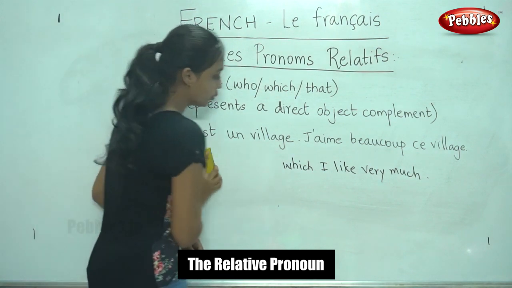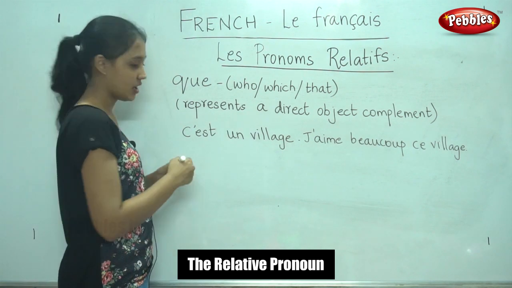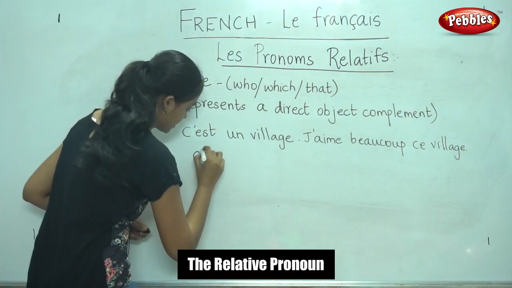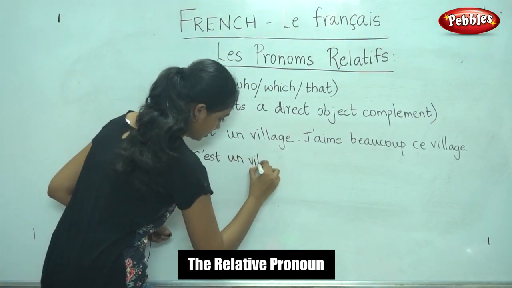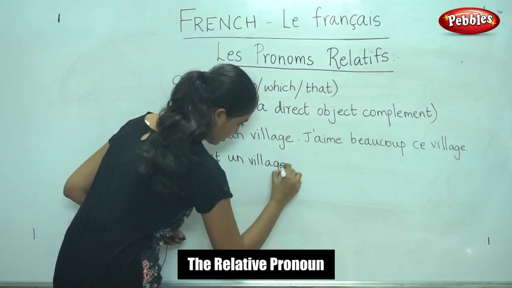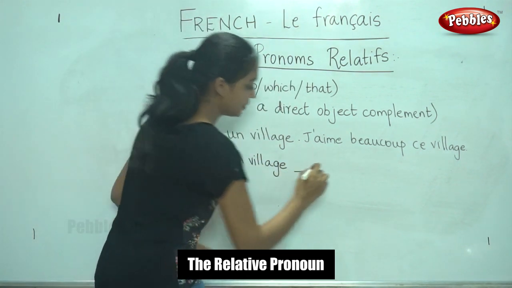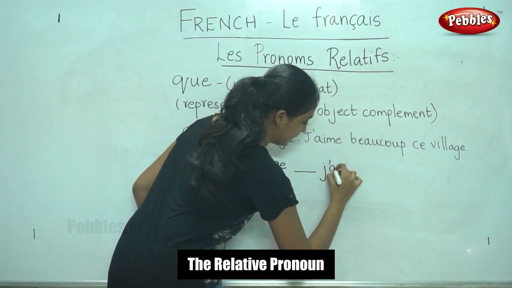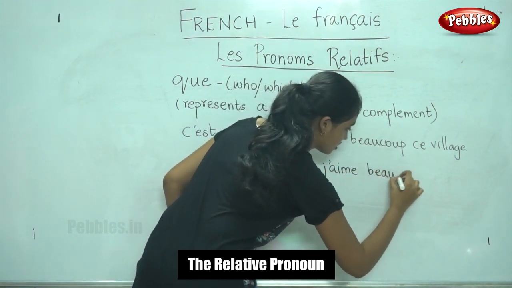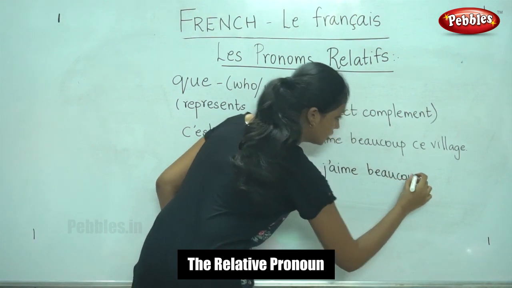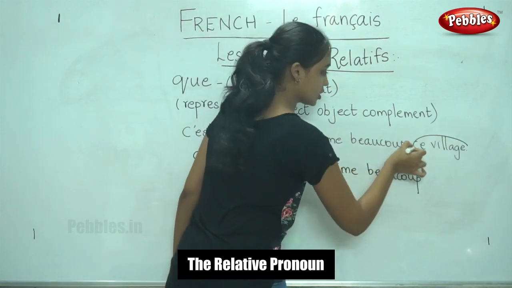So now, when we write it in French, the first sentence always remains the same. C'est un village, which, okay, so we write which here. I like very much. J'aime beaucoup. So, the word that is repeated here is village. Okay.